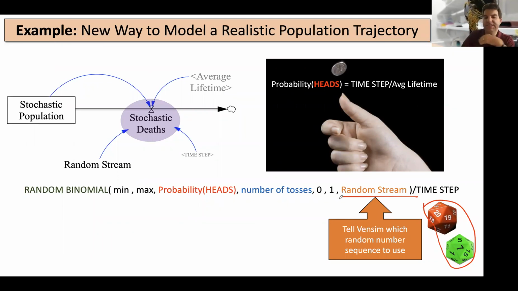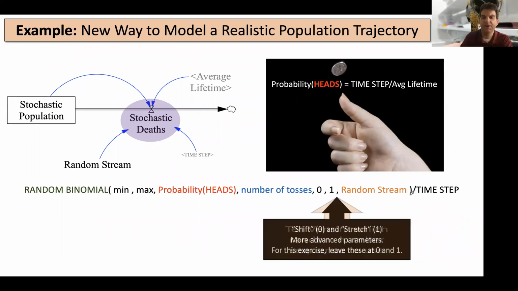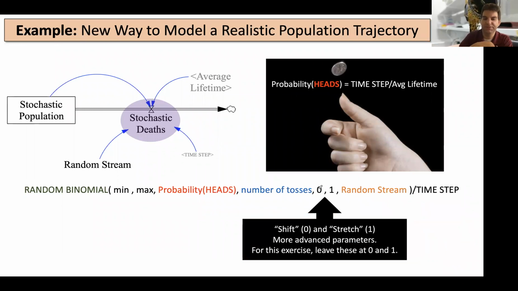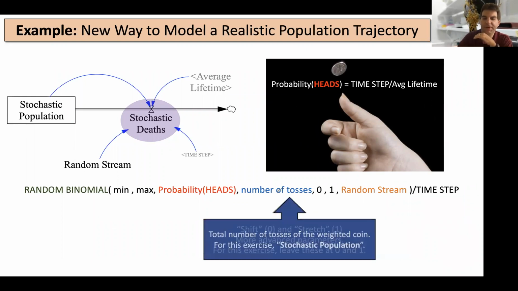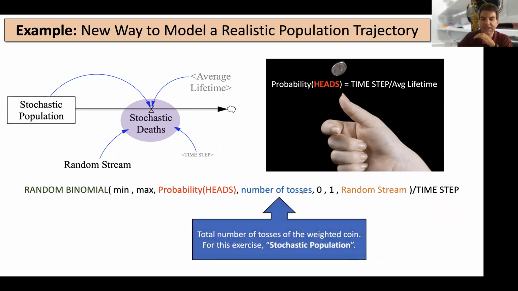So every time I run a new simulation, I want to change my random stream variable to get a different output. These other advanced parameters we just leave at 0 and 1. Then I put my number of tosses in here, which in this case is the population size. So we're saying, given that the population is this big, that's like how many tosses of my coin, or how many players are playing in this round.